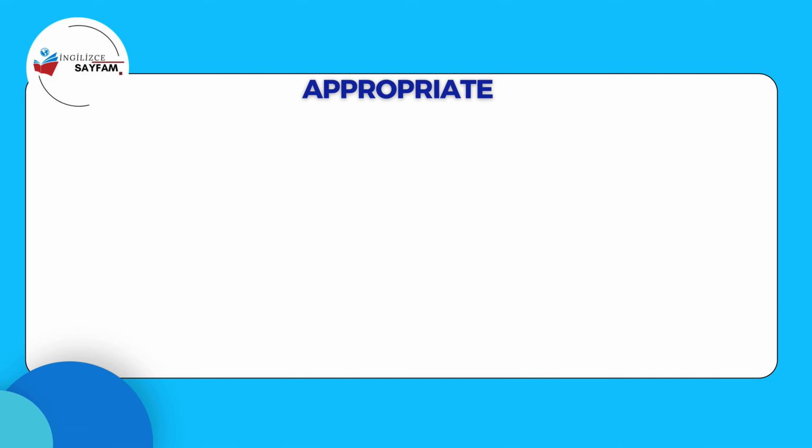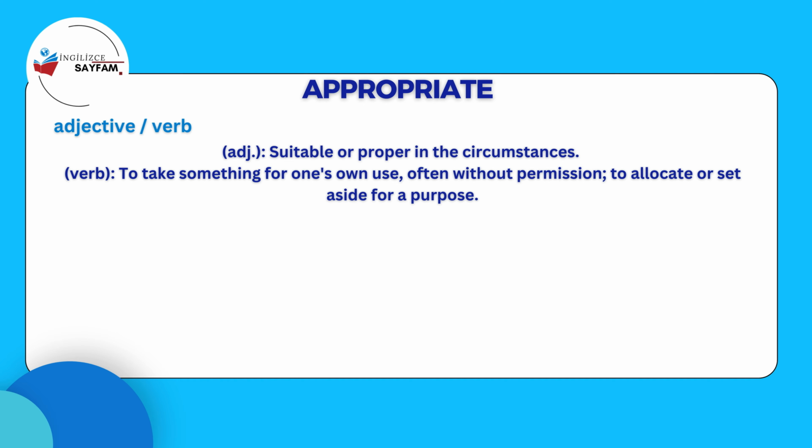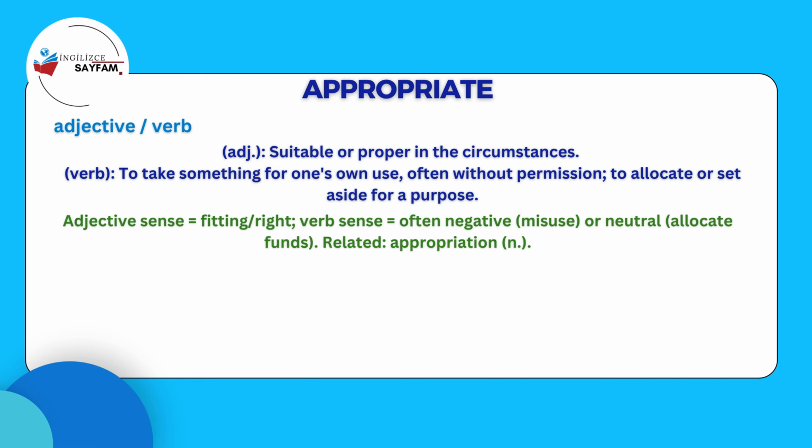Appropriate. Adjective, verb. Adjective: suitable or proper in the circumstances. Verb: to take something for one's own use, often without permission. To allocate or set aside for a purpose.